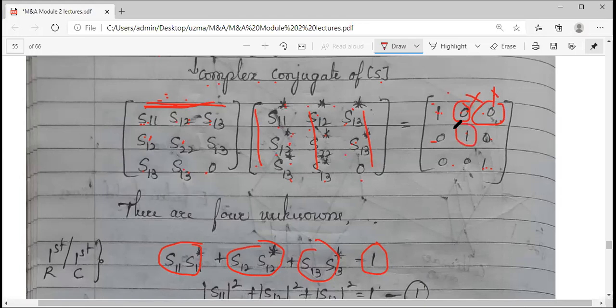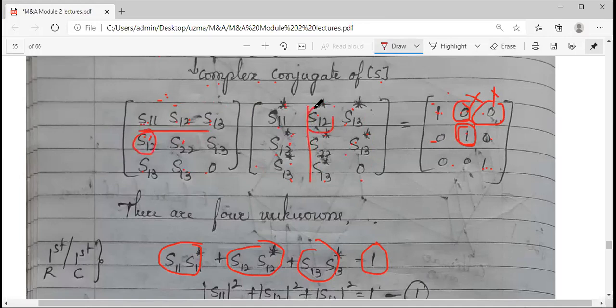I want this. For that, go for second row. Second row first column gives you this, which is the 0 term. So second row second column will give you this one. So let me multiply second row and second column. First row first column is done. Now second row second column. So take the second row second column.